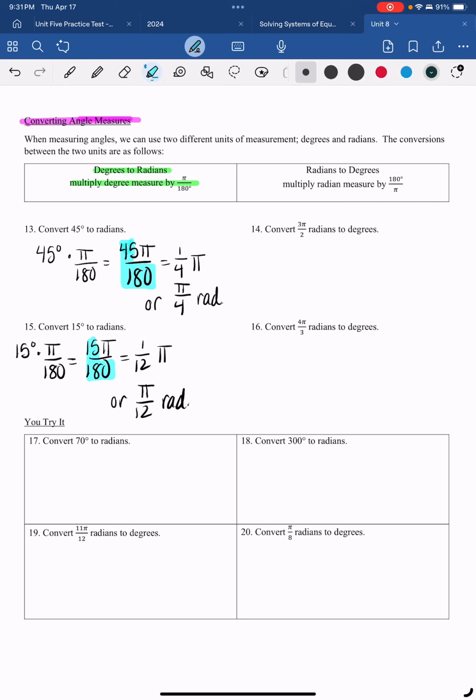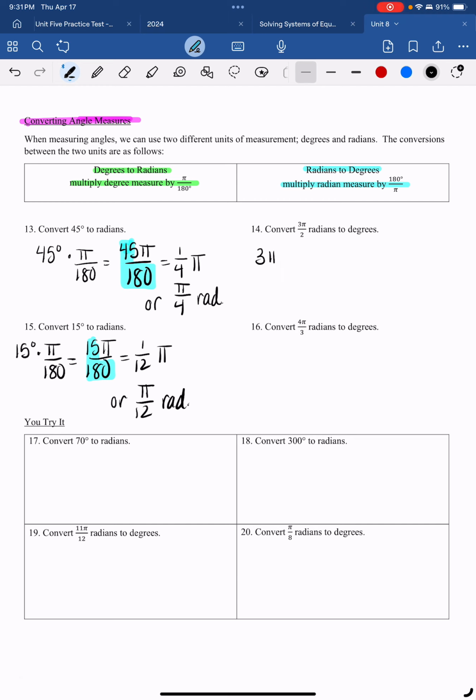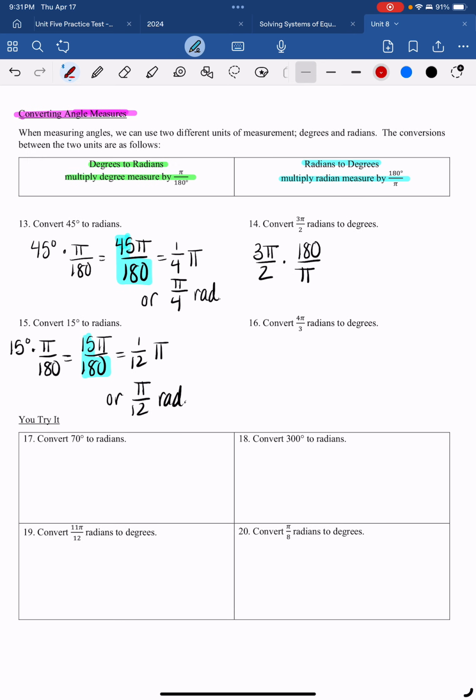We also need to be able to convert from radians into degrees. To do this, we're going to multiply our radian measure by 180 over pi. The first radian measure I'm going to be working with is 3 pi over 2 radians. We're going to multiply by 180 over pi. What's pretty nice about this conversion is the pi's divide out.